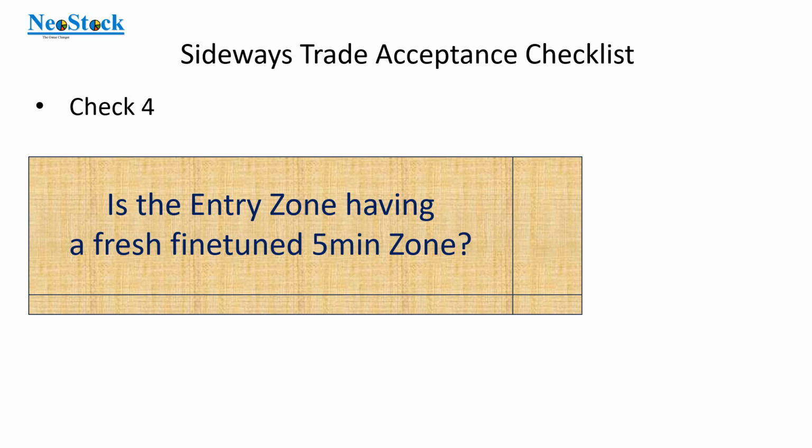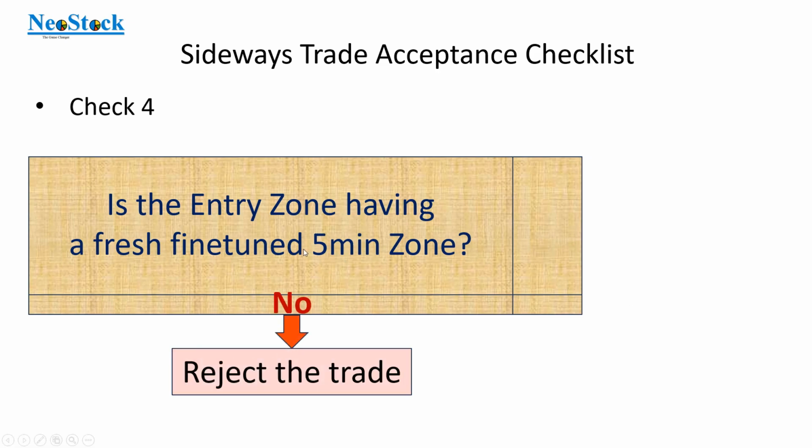Sometimes price may not reach the fine-tuned 15 minutes level or fine-tuned 5 minutes level. They all depend on your trade planning. But this is about confirming whether a zone can be violated or has higher chances of success. For that confirmation, we depend on checklist item 4. I hope you all got the clarity.